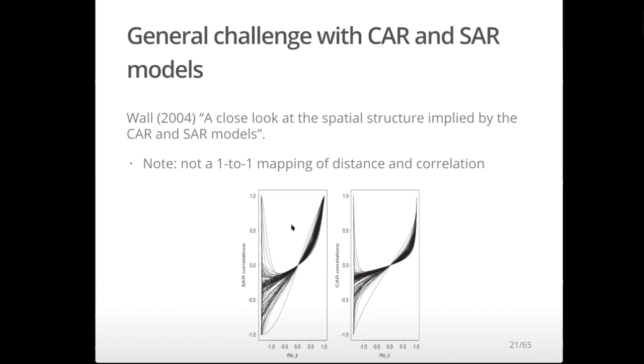And so you would envision in most spatial models, or the Gaussian process models that I've talked about so far, that correlation is going to be declining as a function of distance between locations. That's essentially what this simulation paper did, where we have a few measures of distance on the x-axis, and then on the left and right panels, we have the implied SAR correlations and the implied CAR correlations.